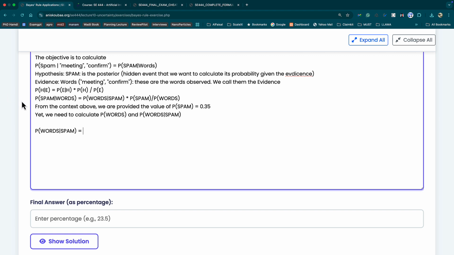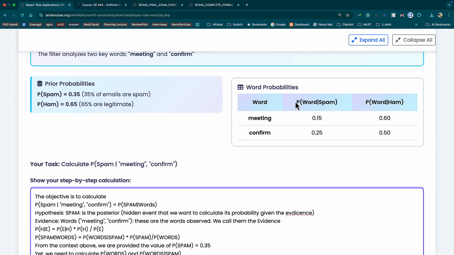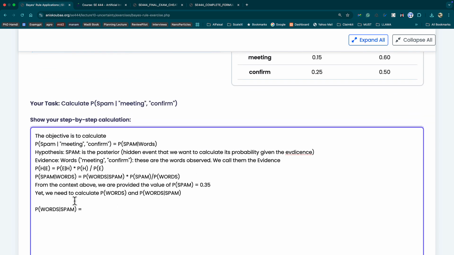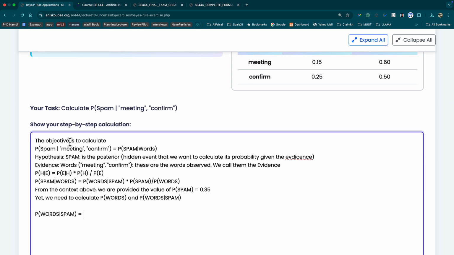Now, I have this table which gives me the probability of word given spam and the probability of word given ham. So what are our words here? Meeting and confirm. So this will become probability of meeting given spam.